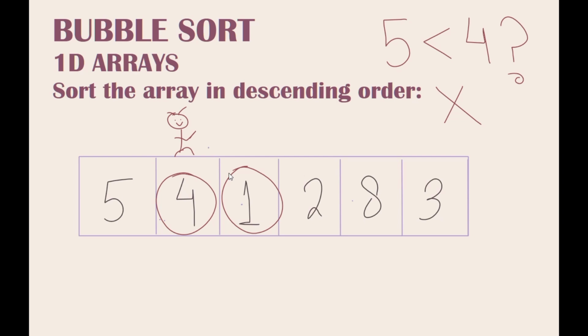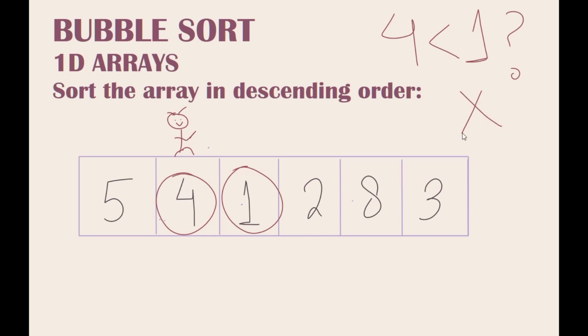This is Mr. Index and the next value is index plus 1 because it is one index next to it, which means if this is index, this is index plus 1. Now let's check the condition again. Is 4 less than 1? Again, the condition is false, so he can move forward.